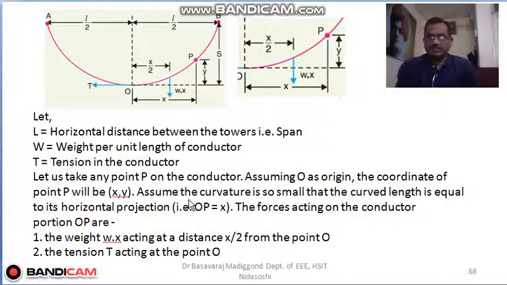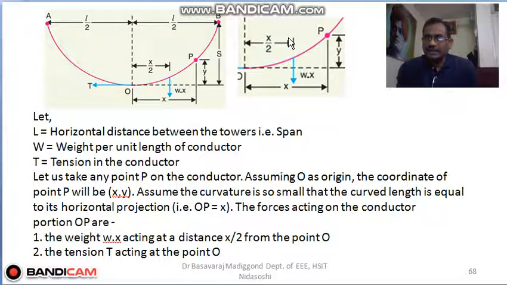Let us assume that the curvature is so small that the curved length is equal to the horizontal projection. OP is the curved length. This is so small that the length OP is equal to X. So there are two forces acting on this portion OP.